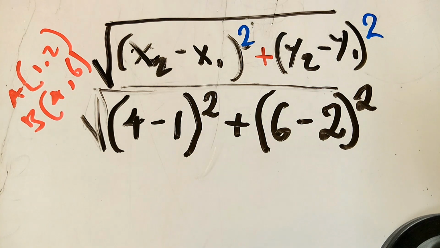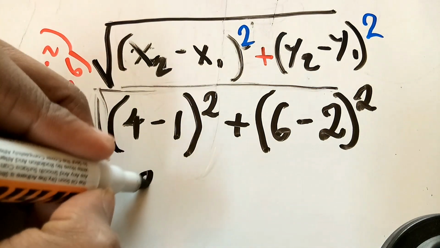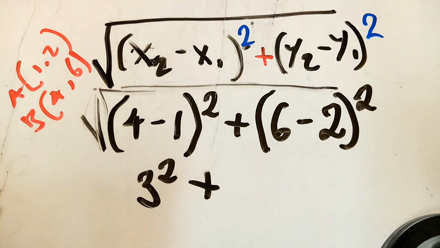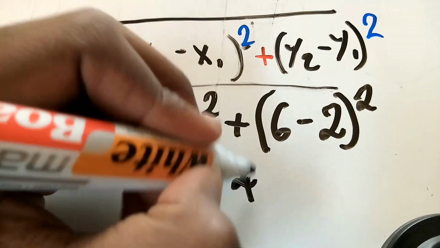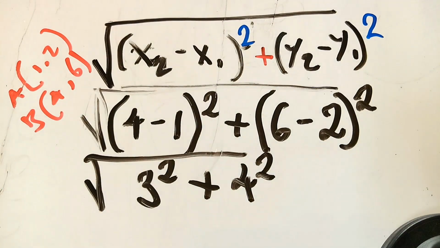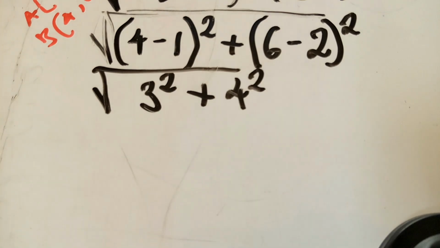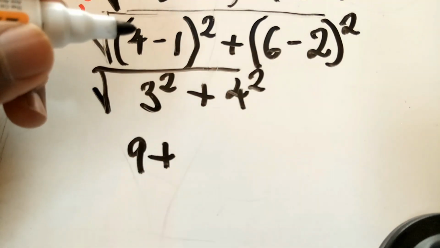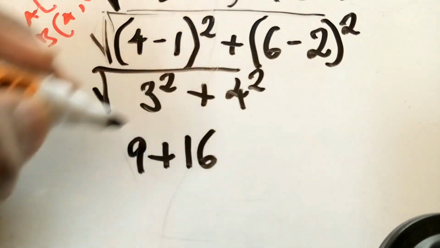Now, when we add these two, 4 minus 1 would give us 3 squared. Plus 6 minus 2 will be 4 squared. Then you find the square root of that whole thing. 3 squared is 9 plus 4 squared is 16.